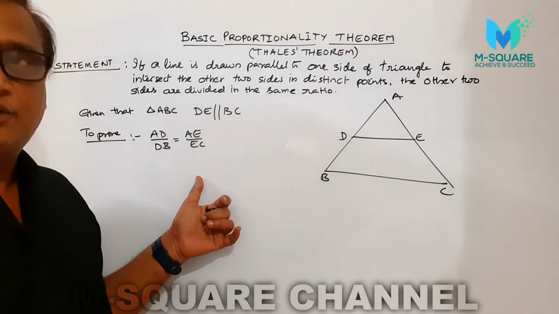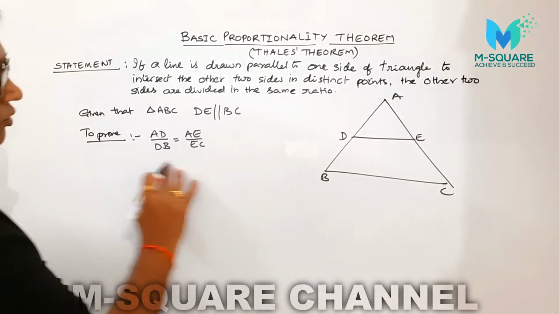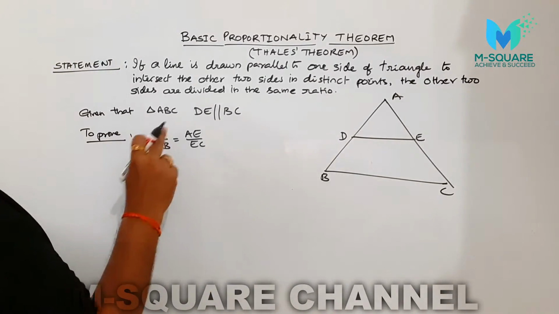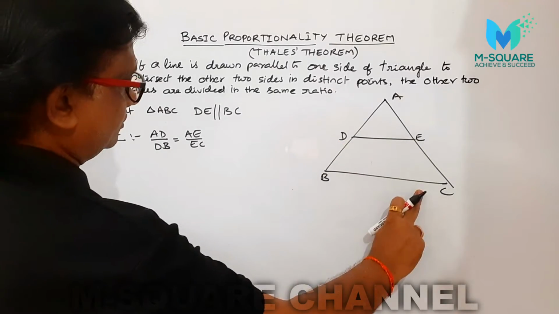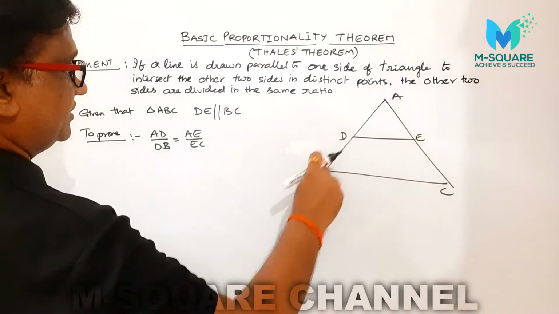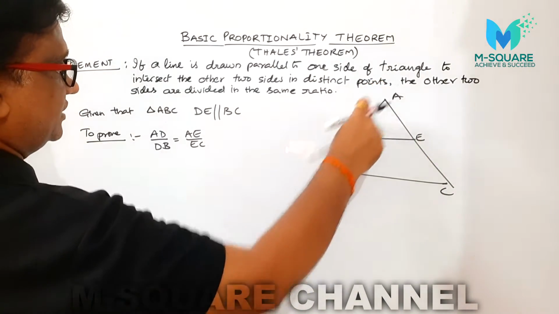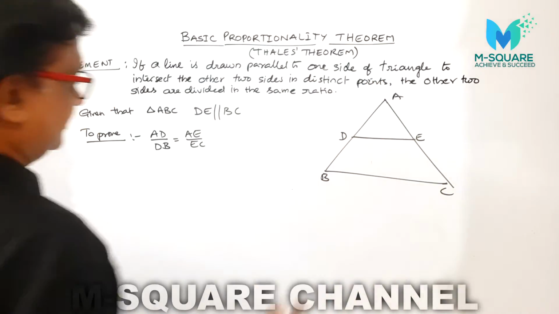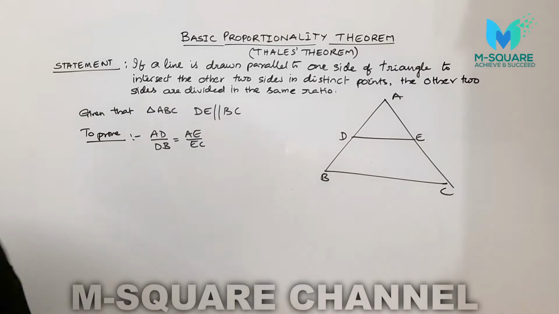Once again, if you draw a line parallel to BC, these two points divide the two sides in the same ratio, that is AD by DB equal to AE by EC.